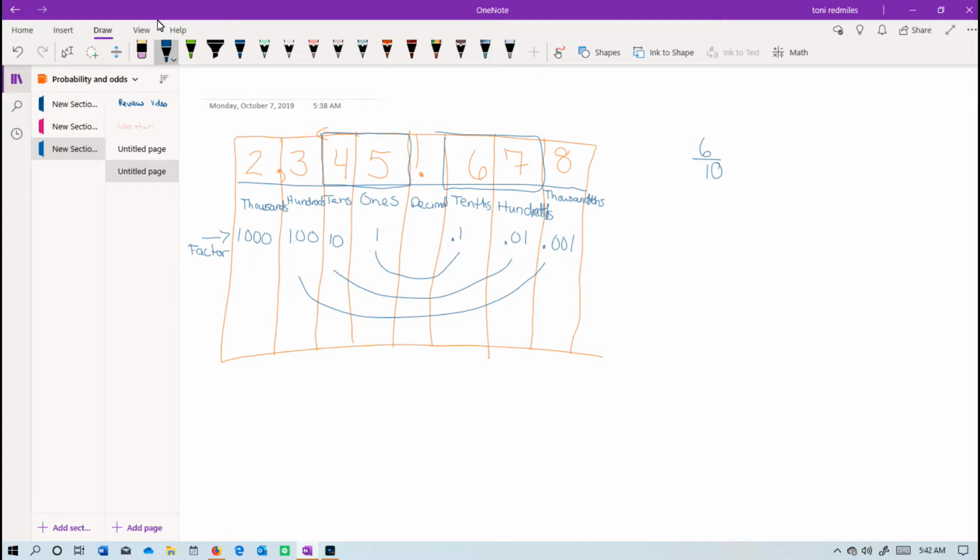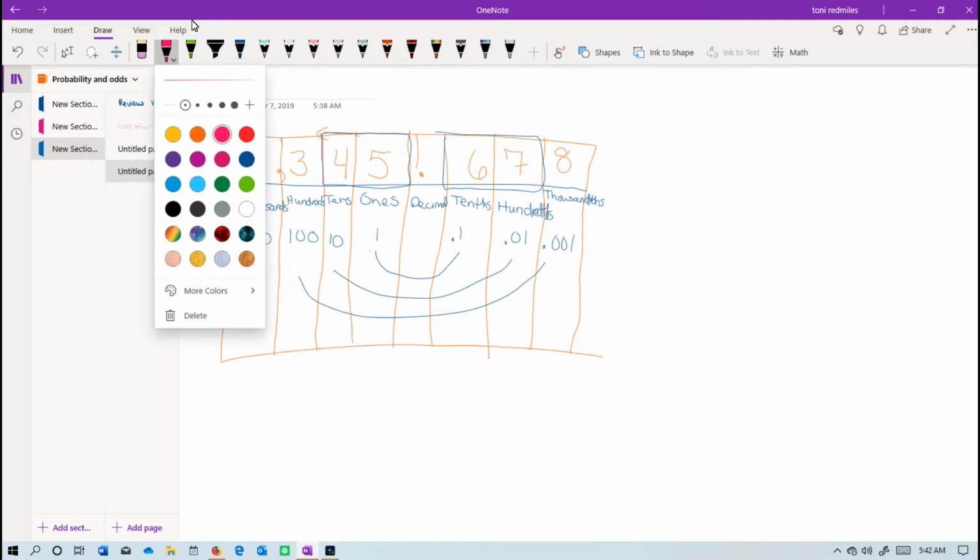Okay, so you can almost guess what the next one would be. All right, so that's how that works. And this is very important. What I'm going to do is give a new number and ask you to find some of the places.